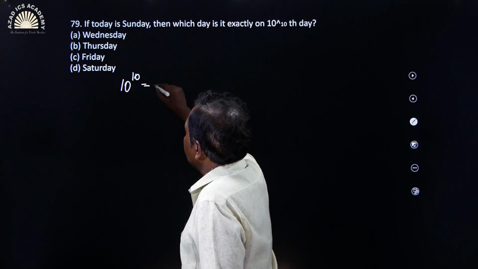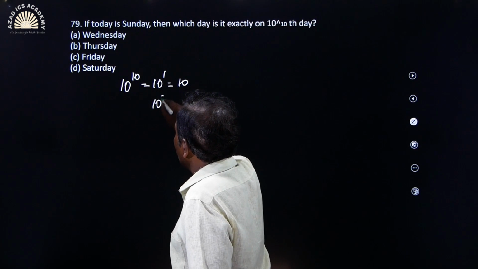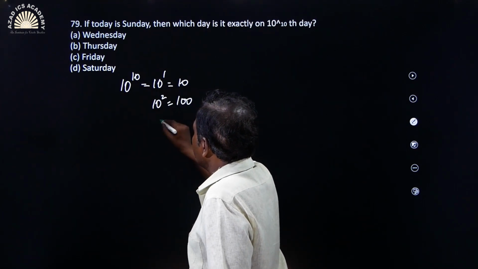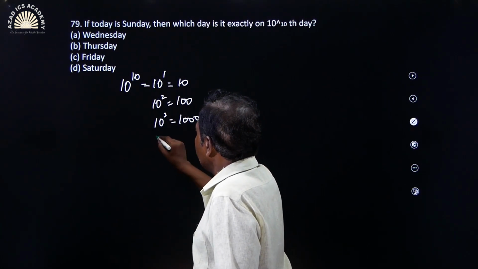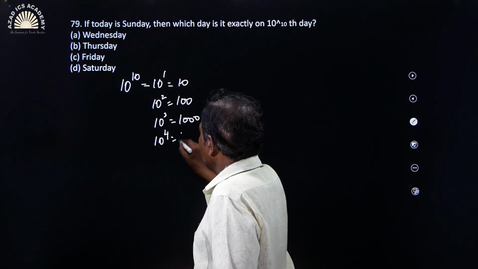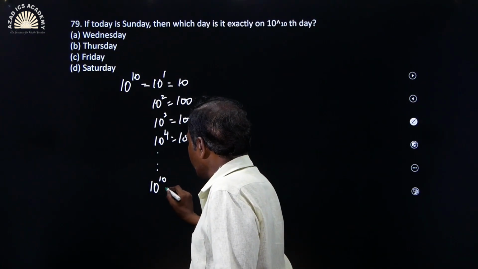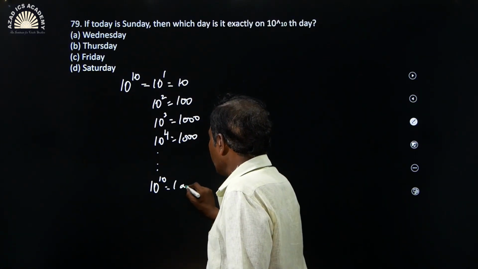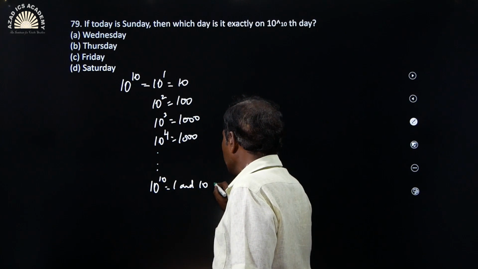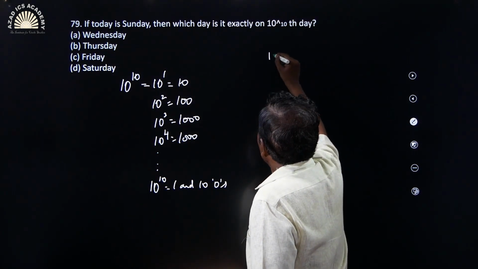See now, 10 to the power of 1, you write 1, 0. 10 to the power of 2 is 2 zeros you write. 10 to the power of 3, 3 zeros will come. 10 to the power of 4, you write 4 zeros and so on. 10 to the power of 10 can be written with how many zeros? 1 and 10 zeros. Let us take 1 and 10 zeros.